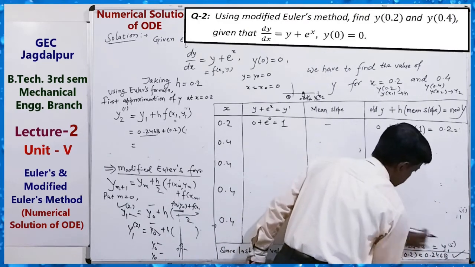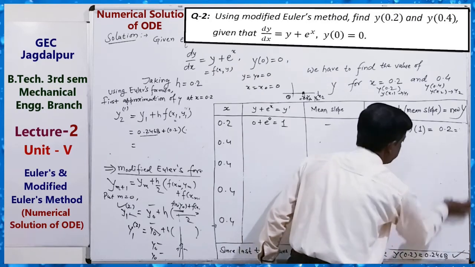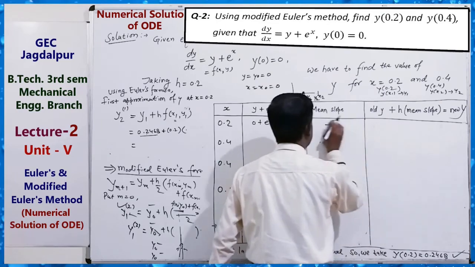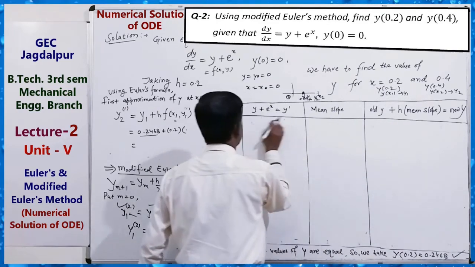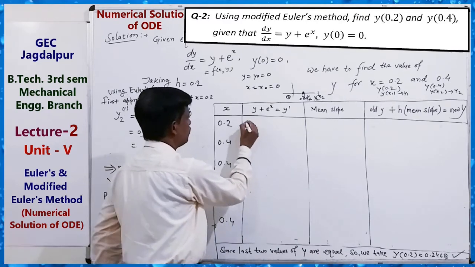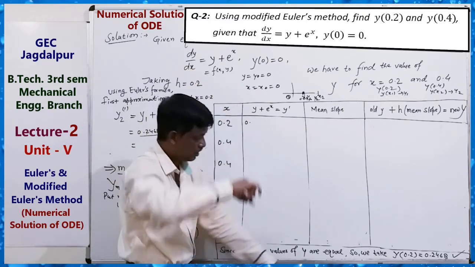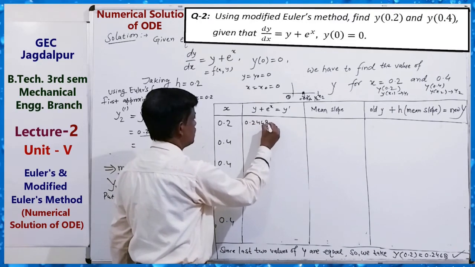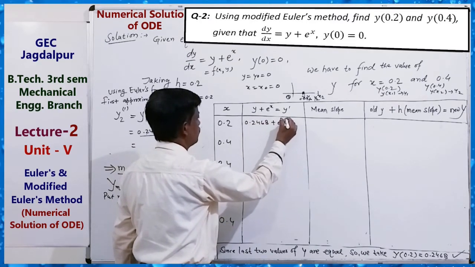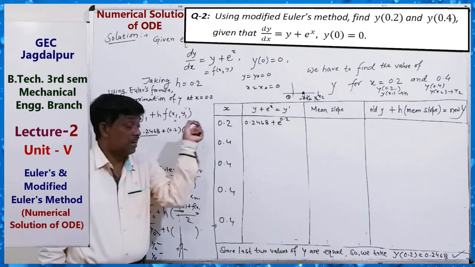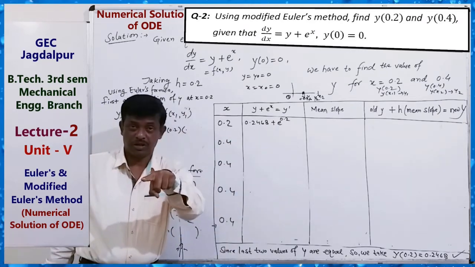Same process with different value. Here the table is the same. What will be the value here? Previous value of y, this 0.2468, plus e to the power 0.2, because previous value is just the starting point, Euler's formula.